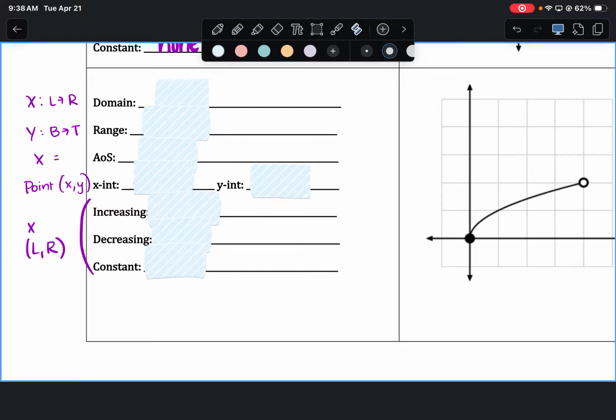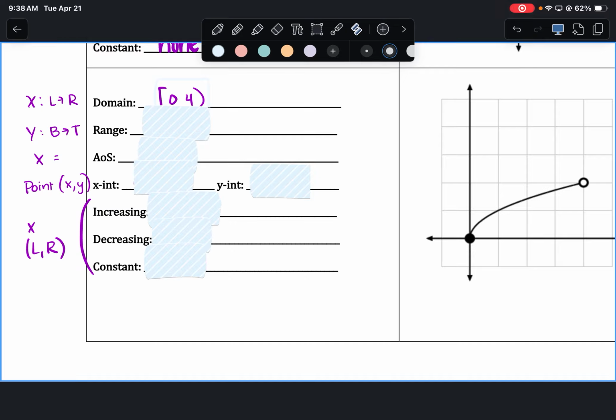All right. What is our domain for this graph? 0 to 4. Okay, at 0, is it going to be parentheses or a bracket? Bracket. And then at 4, it's a parentheses. So we have bracket 0, comma 4 parentheses.